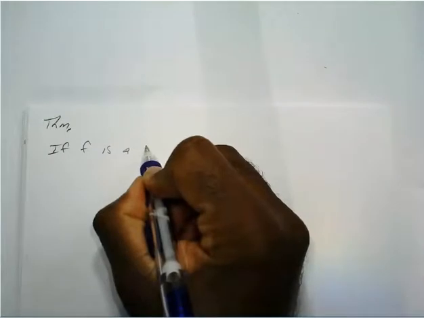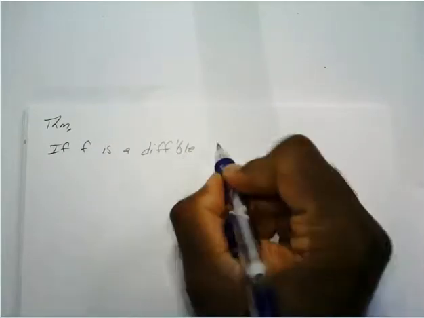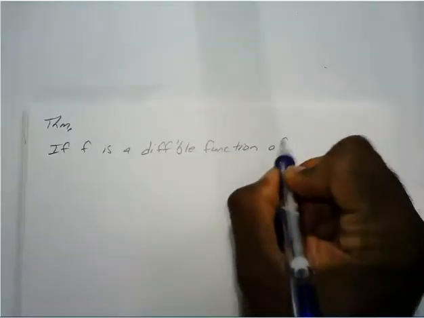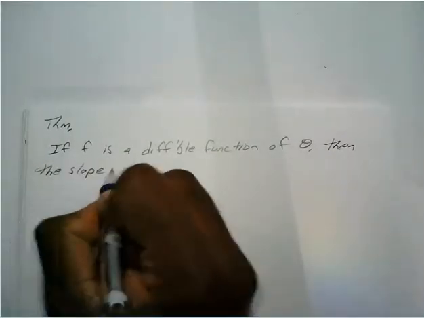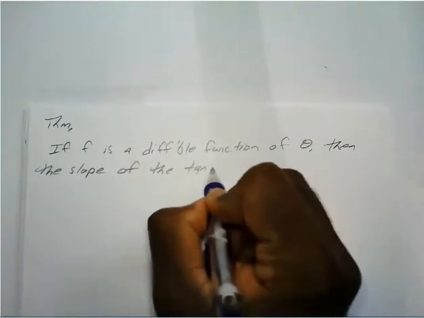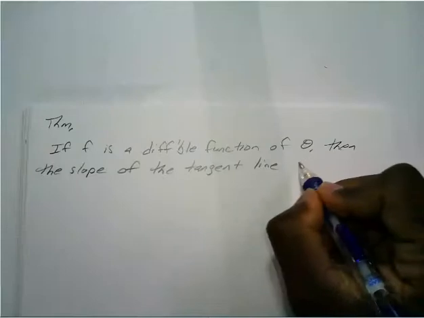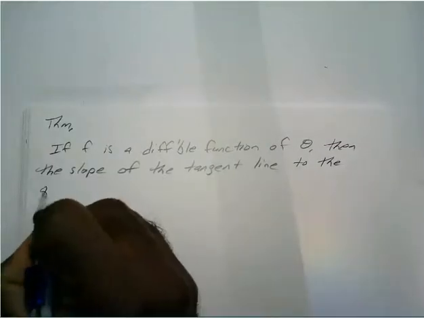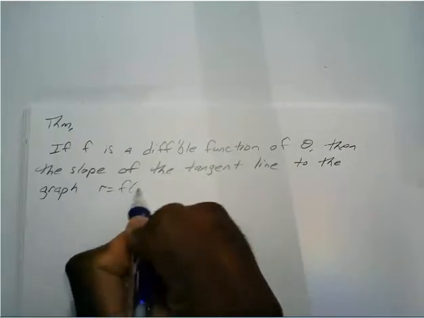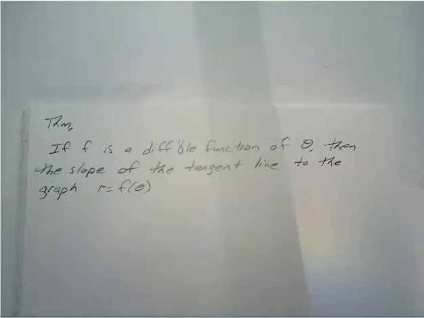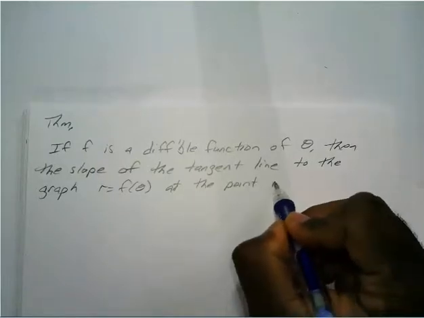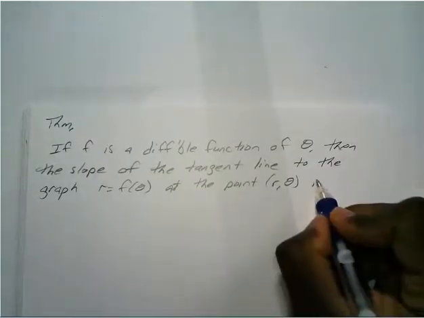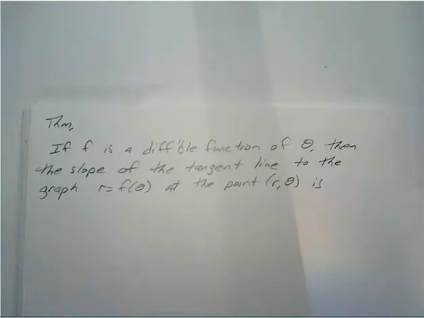If f is a differentiable function of theta, then the slope of the tangent line to the graph r equals f of theta at the point r, theta is basically our formula from the previous page.